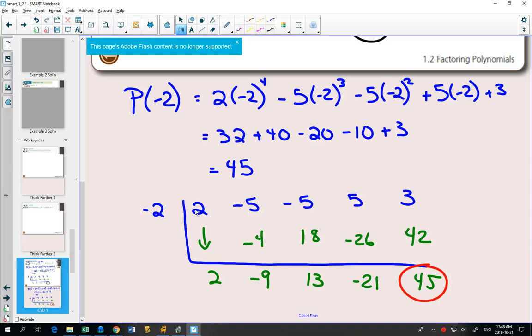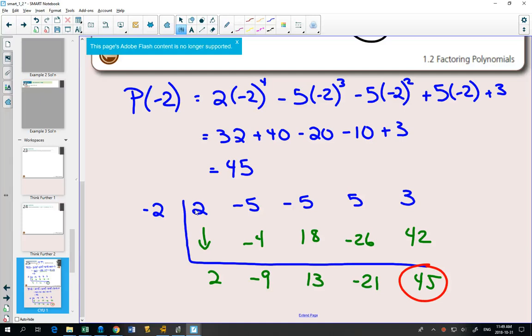Because the biggest thing I had to multiply in my remainder theorem was 16 times 2 or 5 times 8. Not so bad. But the biggest thing I needed to multiply in my synthetic division was 2 times 21. So in this case, it seems like they're about equal. So as the numbers get closer to 1, like 1 and 2, sometimes the remainder theorem is just as easy as synthetic division.